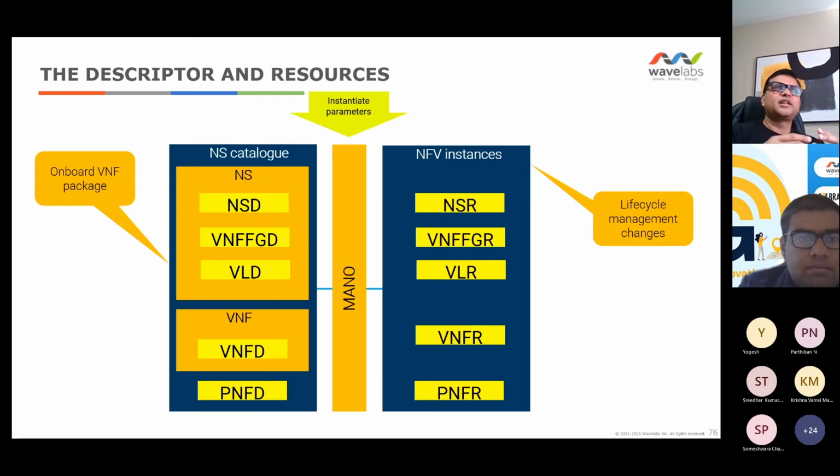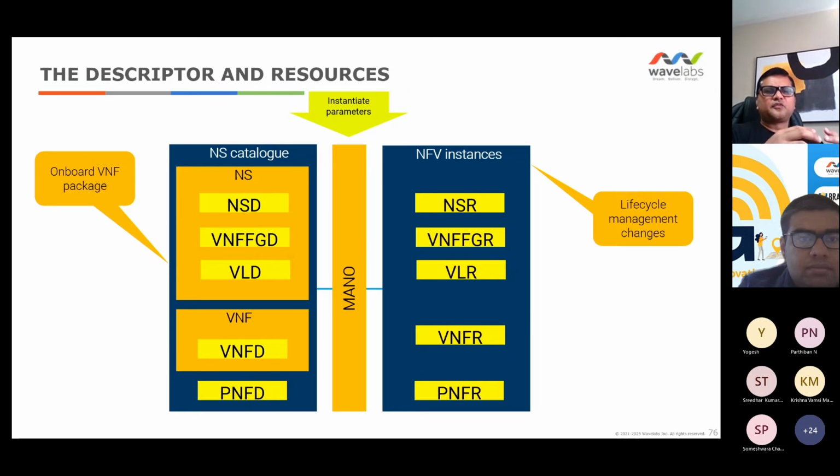You provide some input files, and those input files allow the system to boot up and be ready, based on the instructions in that input file. That is theoretically called a descriptor.